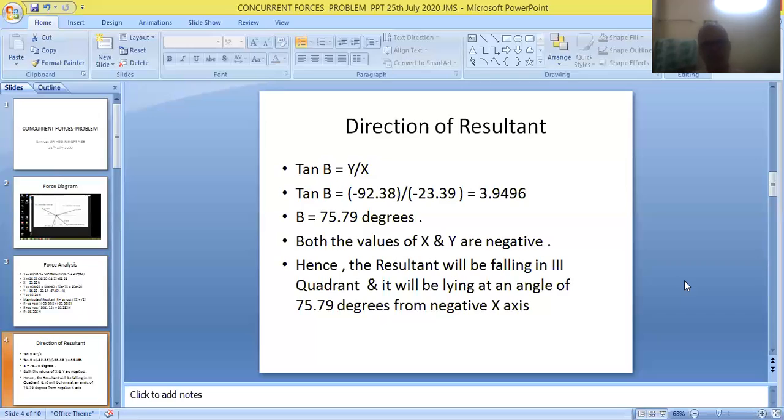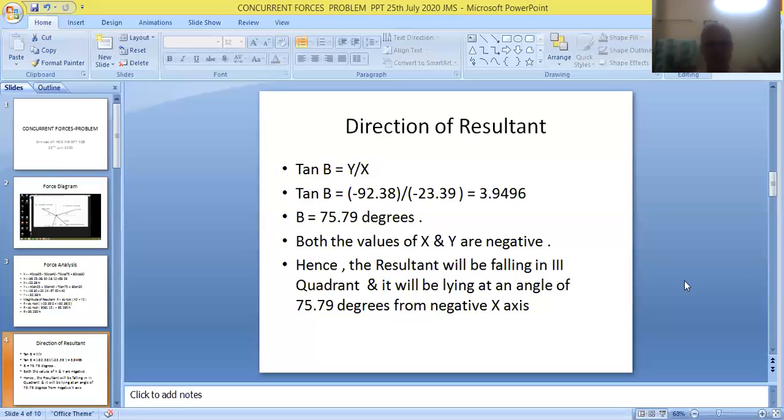First is finding out the magnitude of the resultant, secondly finding out the direction of the resultant, and lastly indicating the location of the resultant in the given figure or configuration. So friends, these are the things which you are supposed to remember.